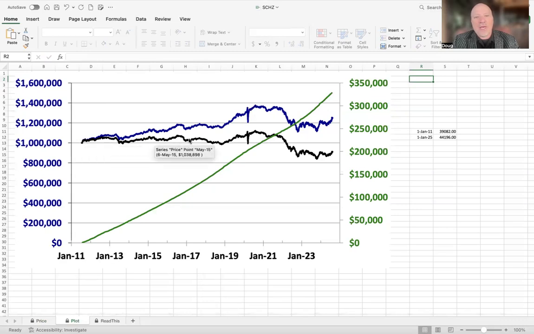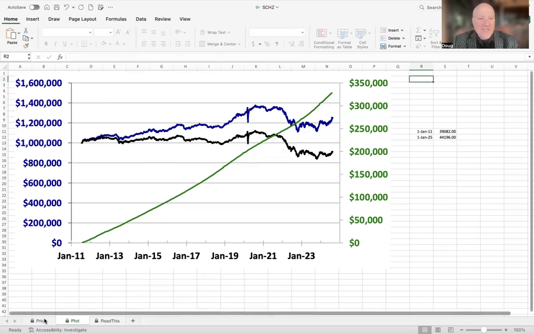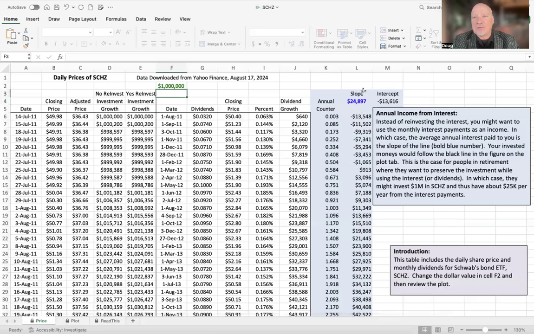Now we're going to say, okay, you're going to have this black line as your invested amount, and then you're going to live off this running sum green line. That's the interest. So let's go back here and we see that the slope of that line means that the $1 million investment in SCHZ would provide you with about $25,000 per year.